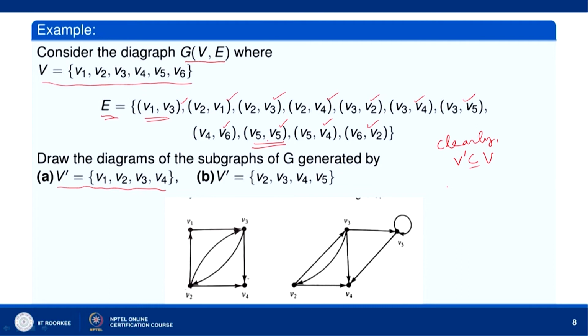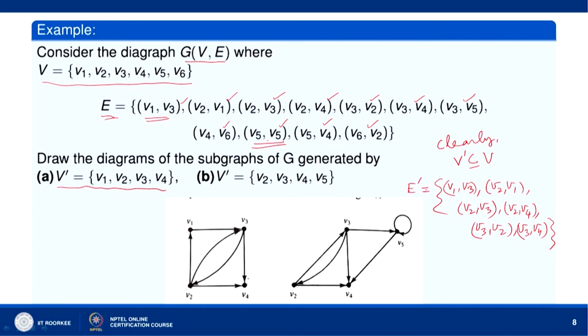So, we will take B1B3. Then we will take B2B1, then B2B3, then B2B4, then B3B2, then B3B4. So, let us take E dash to be equal to this.